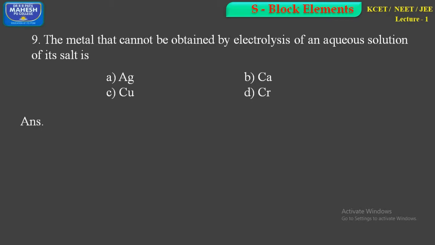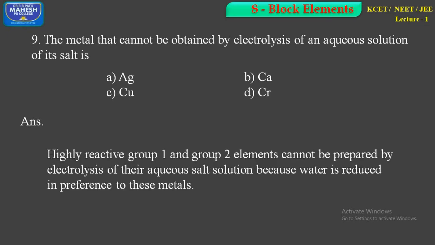Students, highly reactive group 1 and group 2, that is both alkali metals and alkaline earth metals, cannot be prepared by electrolysis of their aqueous salt solution because water is reduced in preference to these metals. So option B is the right answer, that is calcium.